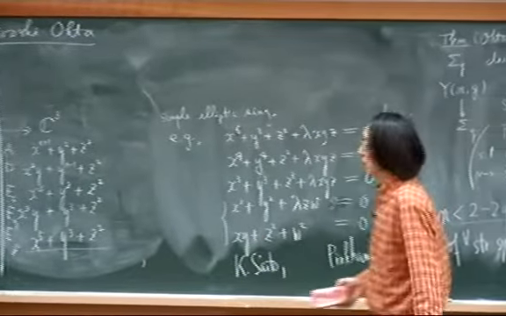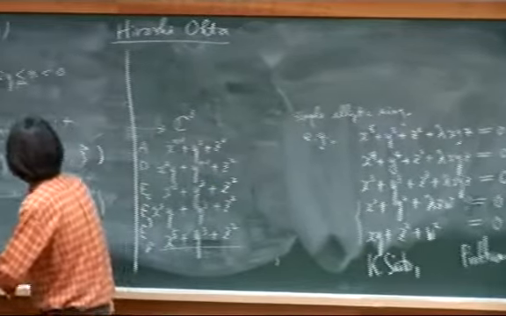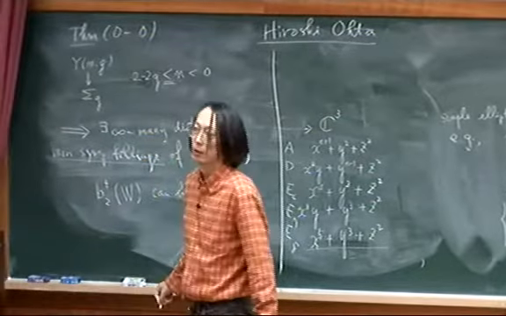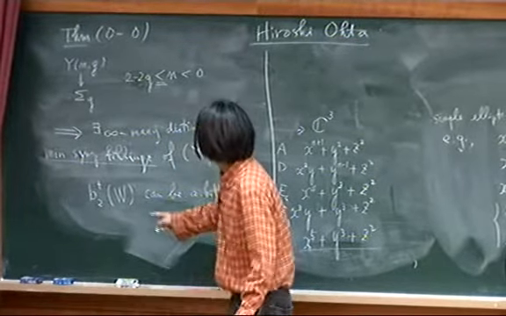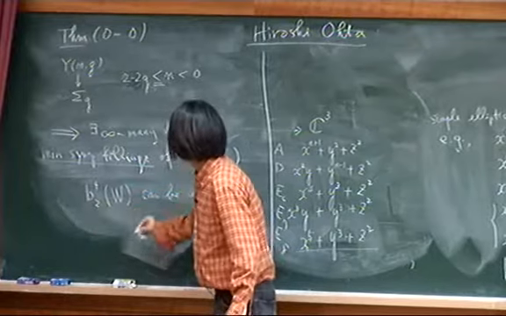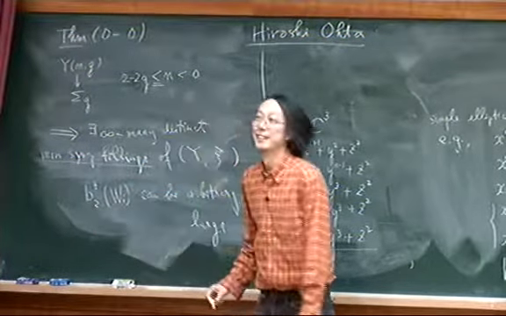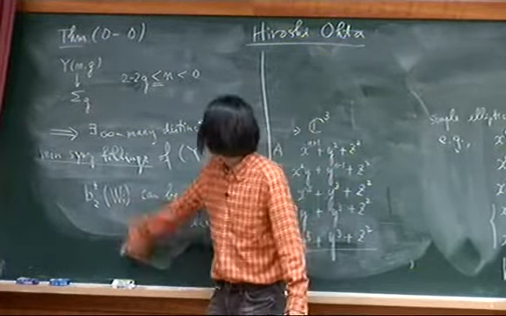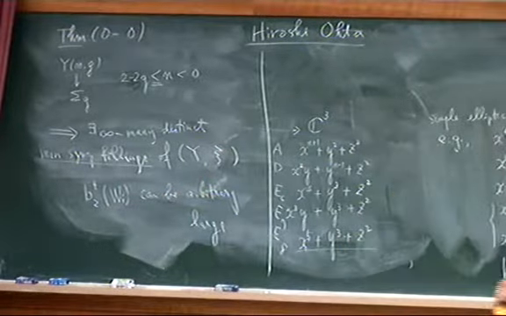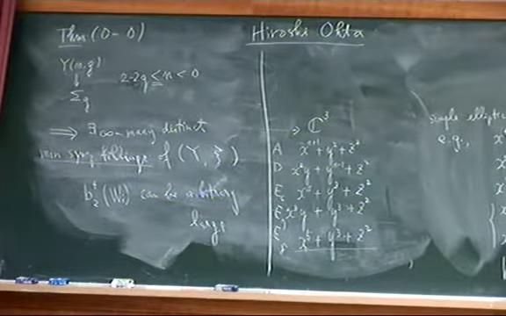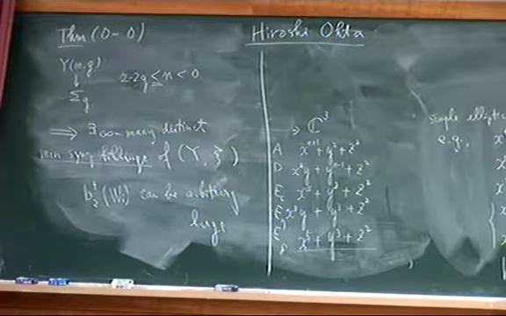What is W? W is the symplectic filling, sorry. So I have to say that B2 plus, maybe I have a sequence of strong symplectic fillings, and this one diverges to infinity.